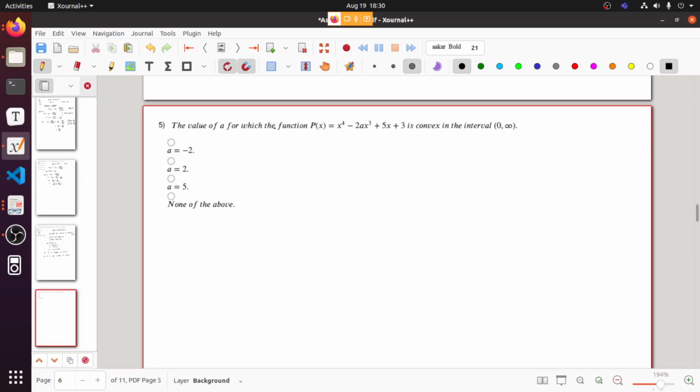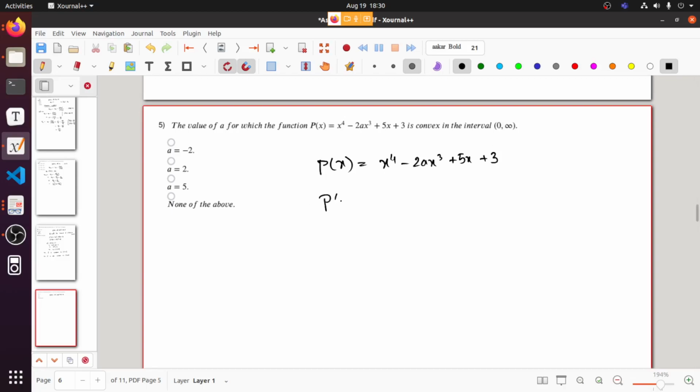You have to find the value of a for the function p, where it will be convex in the interval 0 to infinity. So p(x) is again a polynomial, x to the power 4 minus 2a x cube plus 5x plus 3. You have to check for which values of a, p double dash x should be greater than or equal to 0 in the interval 0 to infinity.